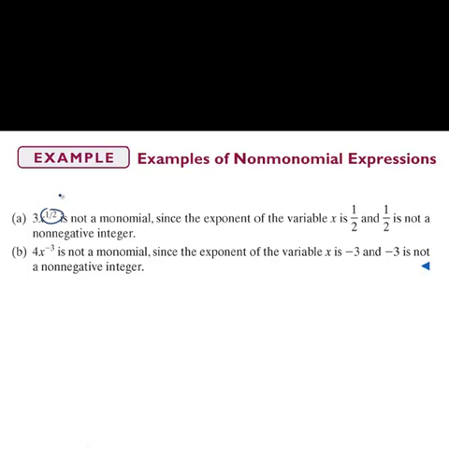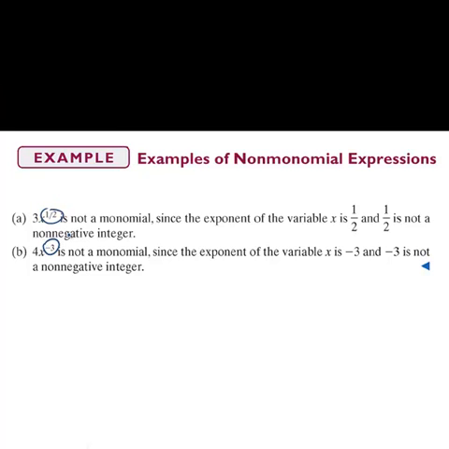When you raise any number to the 1/2 power, that means you're taking the square root. And for our polynomials, we don't want any square roots or cube roots or any other sort of roots. So you cannot have fractional exponents in our monomials or any other sort of polynomials.